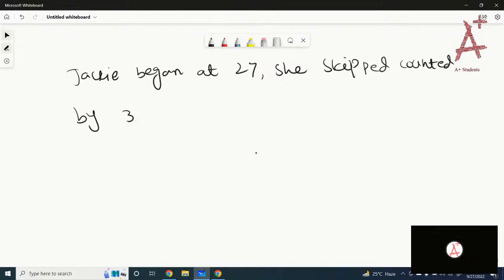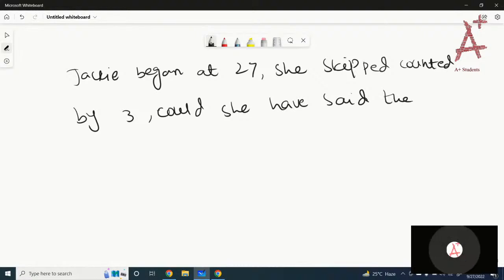Could she have said the number 47? So that means she started counting from 27, and for each next number she's adding 3. That means she skipped by 3.